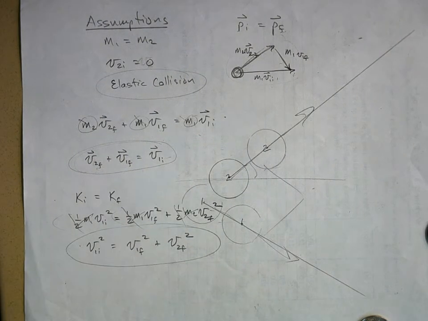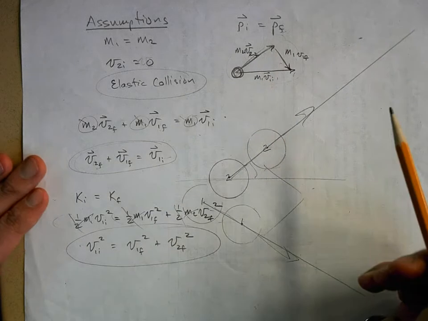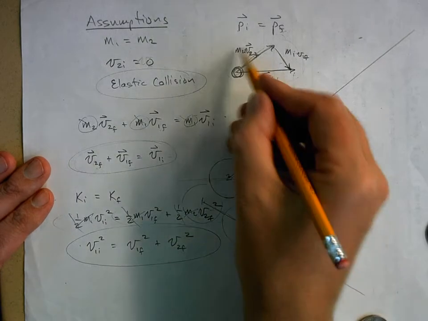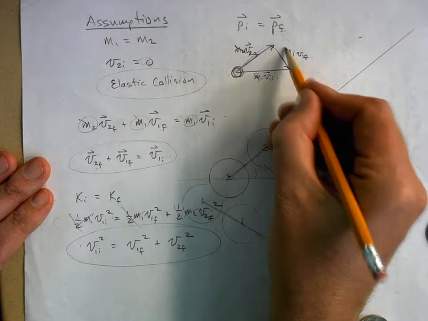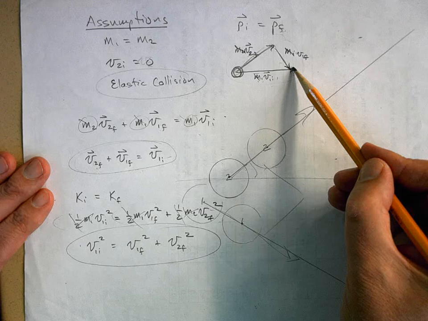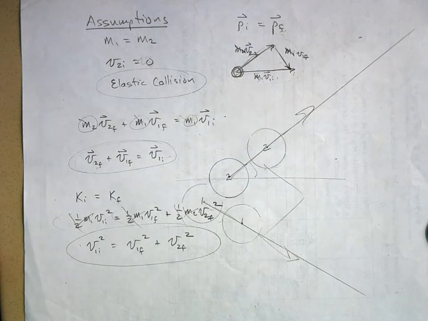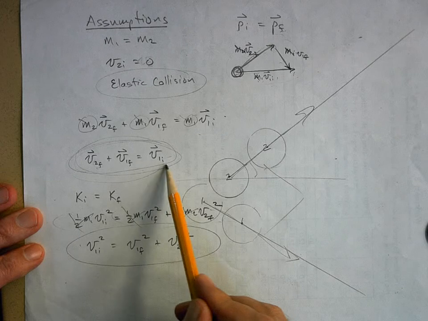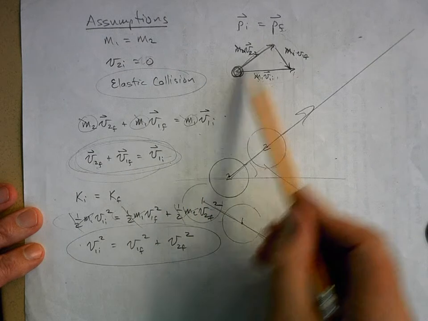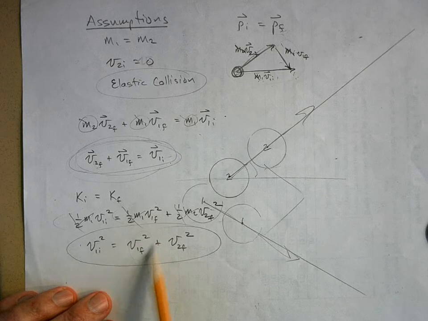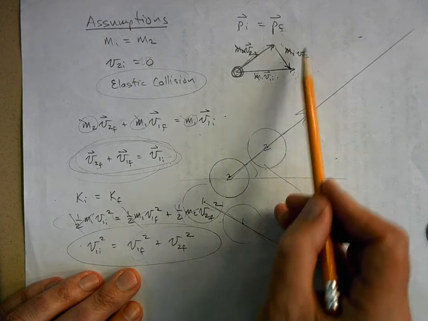So if I come up and look at my triangle, I can just cancel out the mass. So here's V2 final, V1 final equals V1 initial. So this tells us how to add them together, and that allows us to draw the triangle. But look, this V1 final, that's this leg.